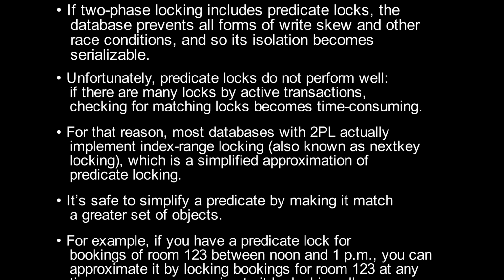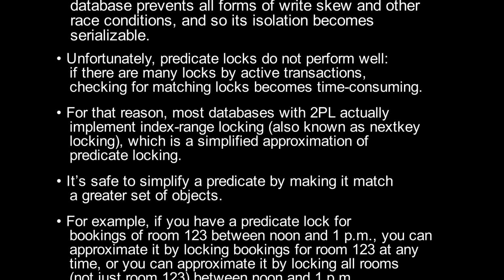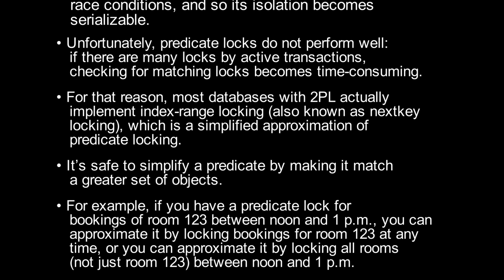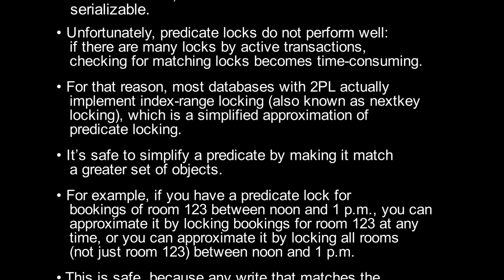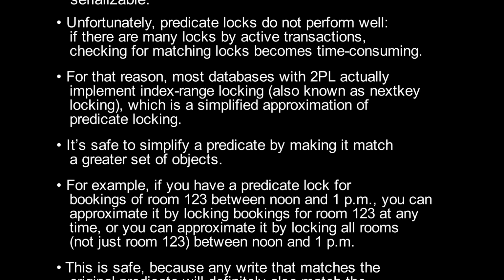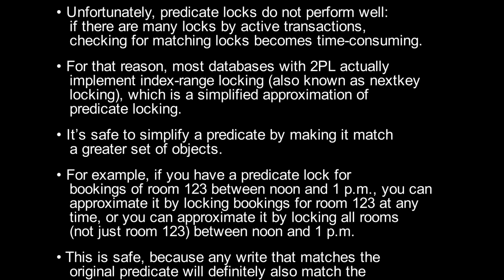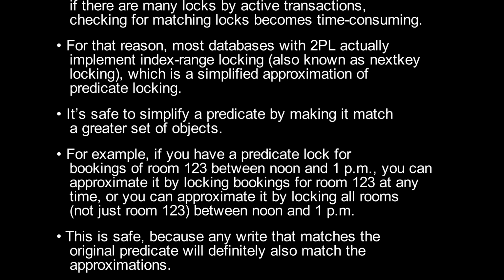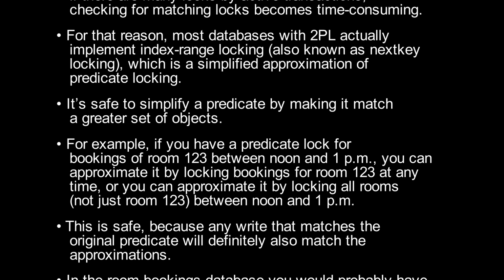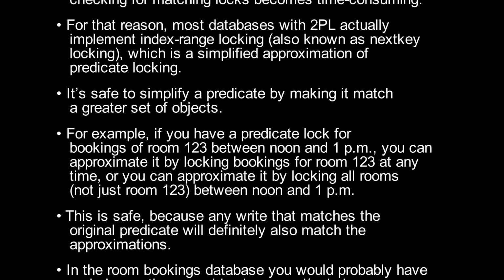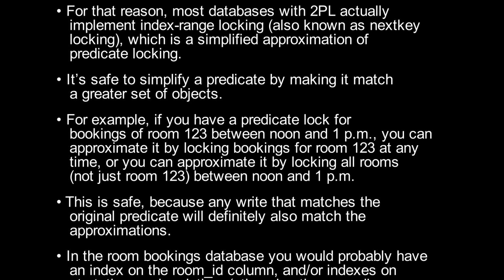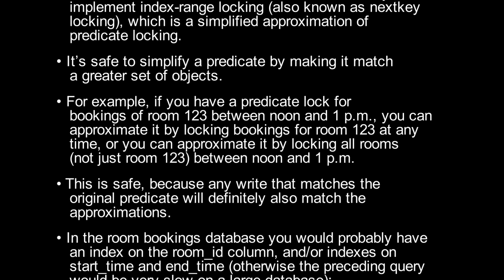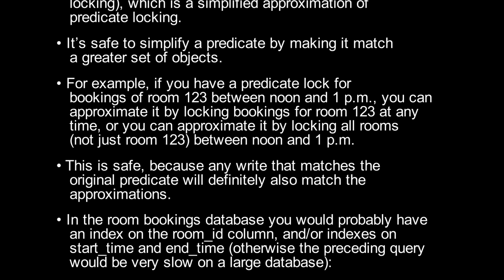It's safe to simplify a predicate by making it match a greater set of objects. For example, if you have a predicate lock for bookings of room 123 between noon and 1 p.m., you can approximate it by locking bookings for room 123 at any time, or you can approximate it by locking all rooms, not just room 123, between noon and 1 p.m. This is safe, because any write that matches the original predicate will definitely also match the approximations.